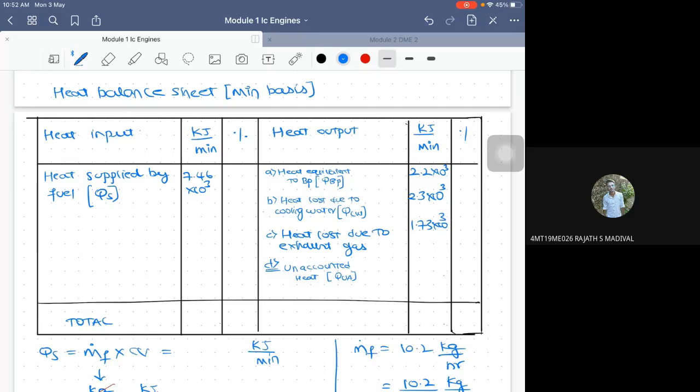So how do I calculate the unaccounted heat?